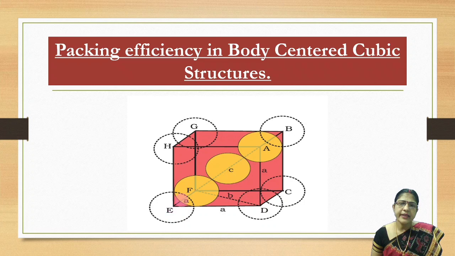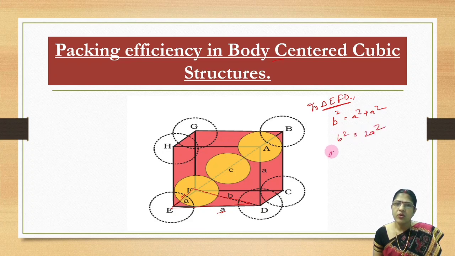Then in triangle EFD, this side is A and this is A. So B will be how much? Applying Pythagoras theorem, B square is equal to A square plus A square. So B square is equal to 2A square, or B is equal to root 2A.